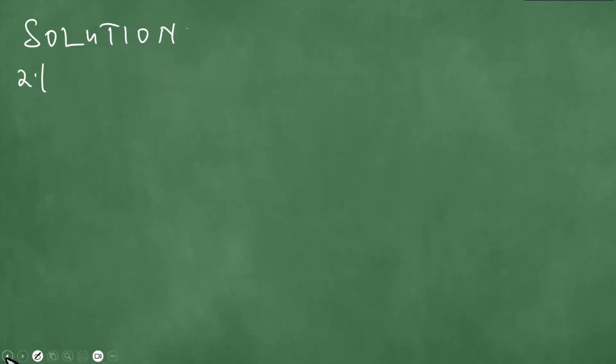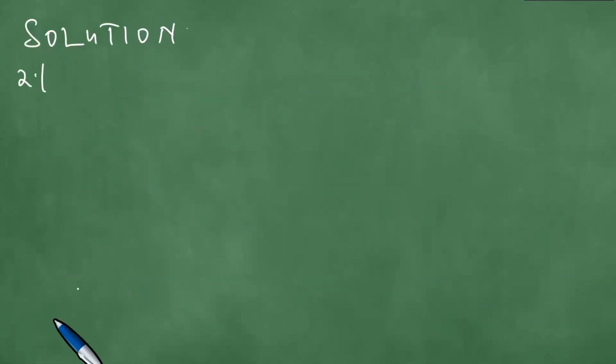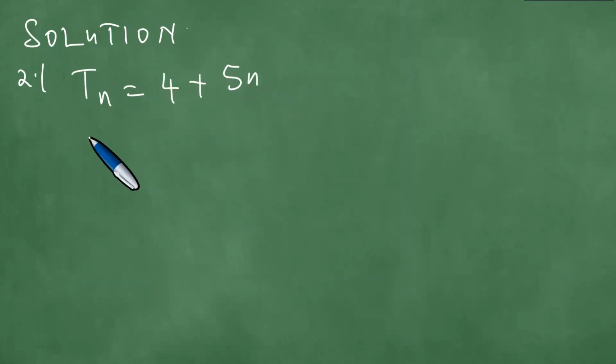This video is going to be available for you to watch. So what have they given us? They said the nth term is this. So what does that mean to say the nth term? It means that Tn is 4 plus 5n.